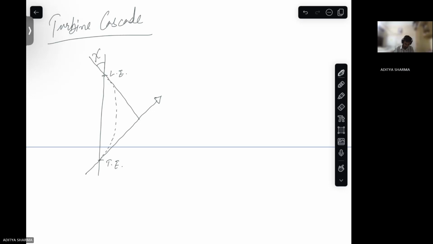This is alpha 1. This is alpha 2. This is theta.